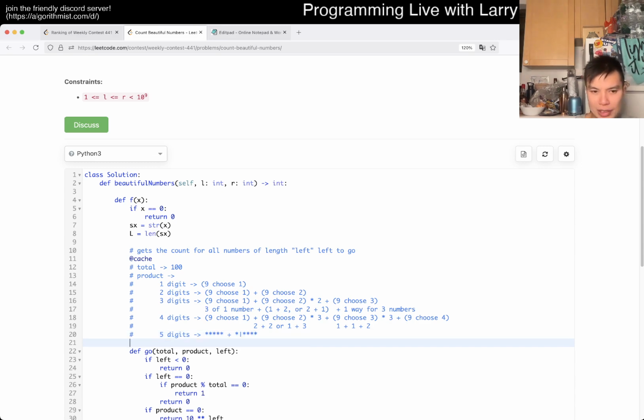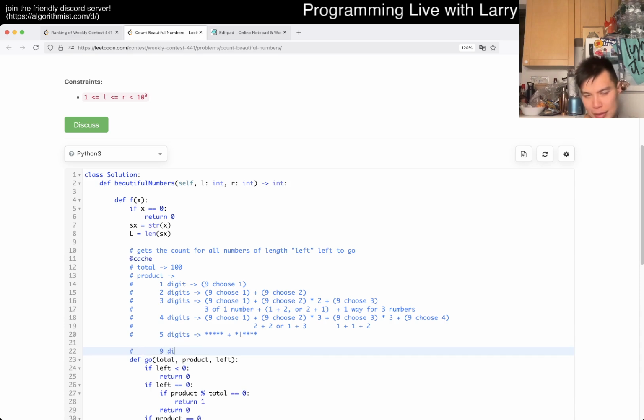Let's say you have 9 digits, right? Then you have 9 things, which is just 9 choose 0, whatever. In this case it's 9 choose 0. And times 9, because each of the stars can be any number, and then for each contiguous.